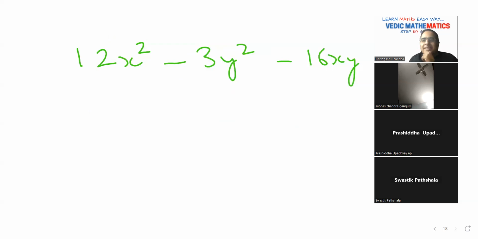Yes, can we solve this? How many of you can solve this? Yes, is it a quadratic equation?